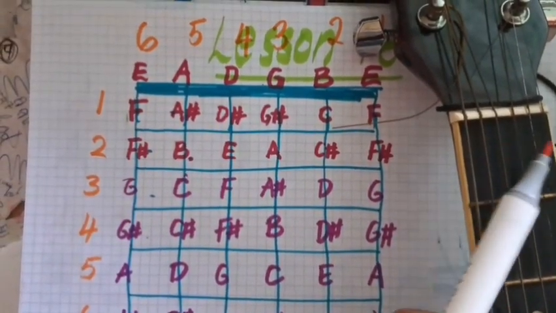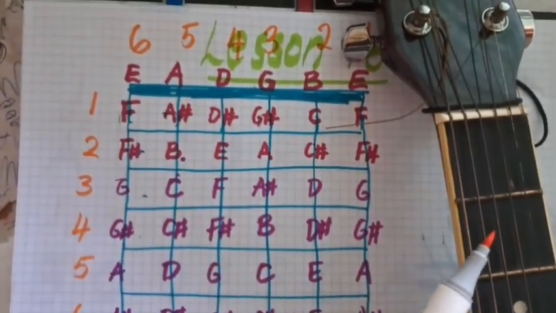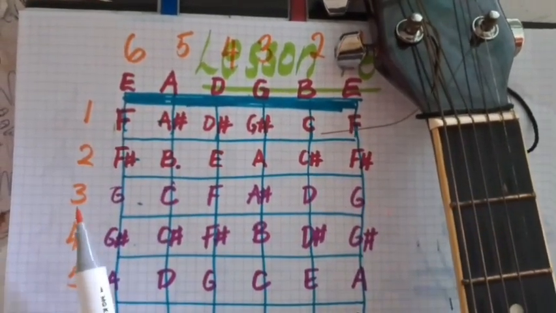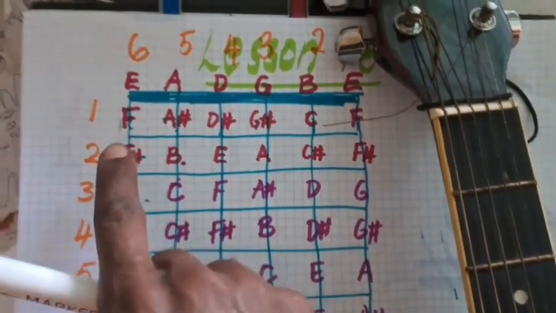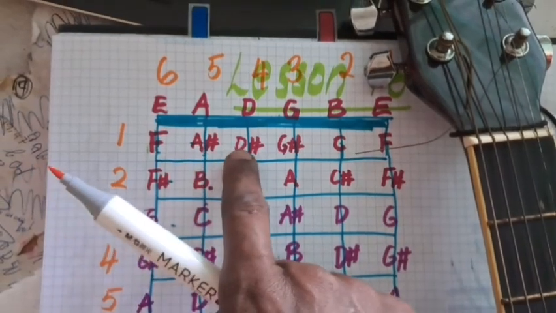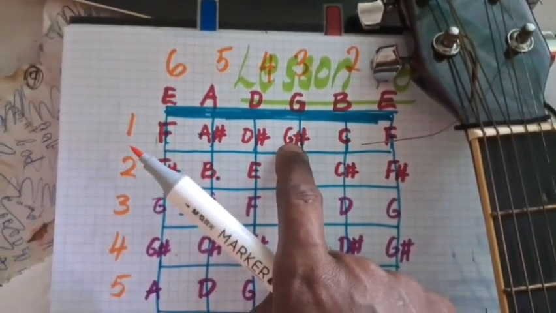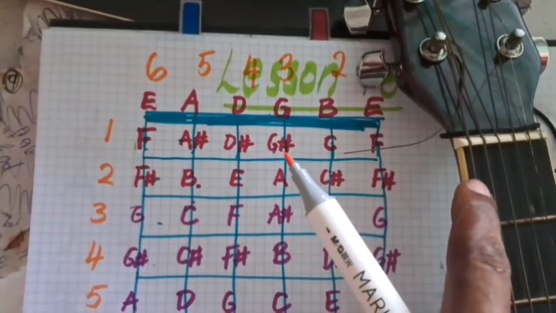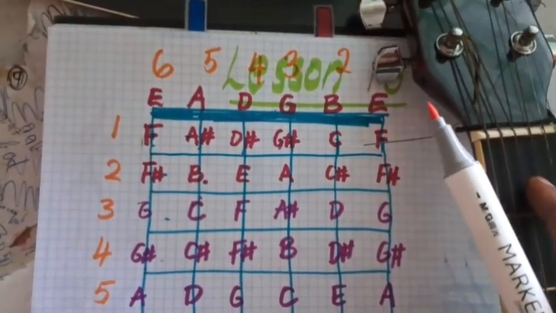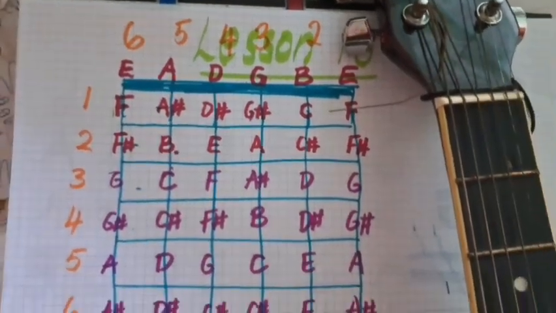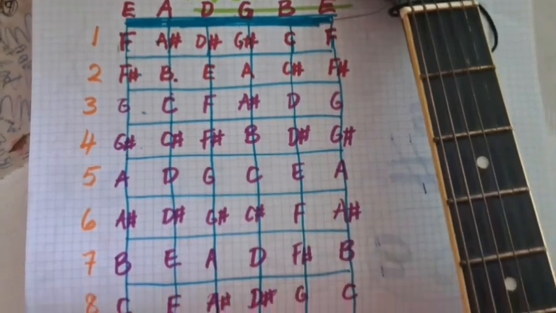So what we see here is what is here. What is here is what is on 2. So this is F, A sharp, D sharp, G, G sharp. The same. This will be F, A sharp, D sharp, G sharp. So this is how this chart represents our guitar.